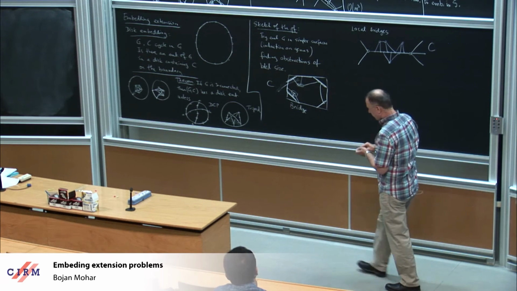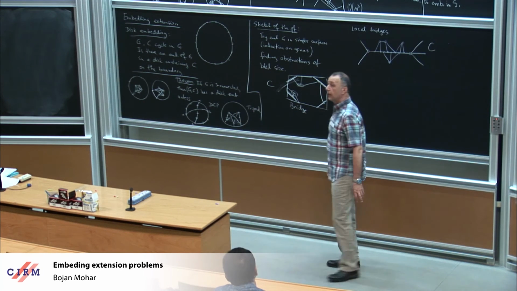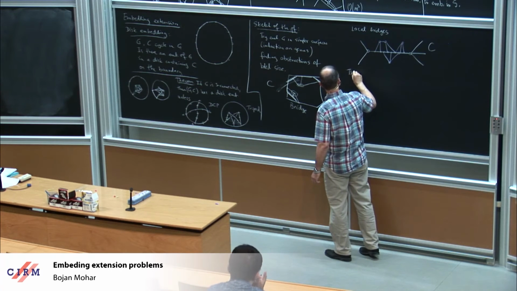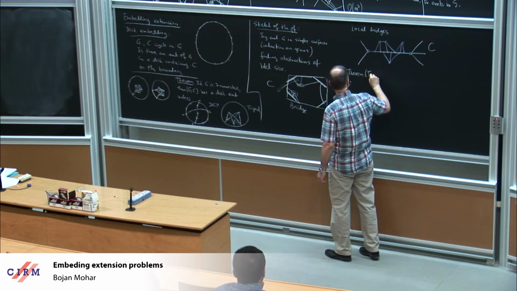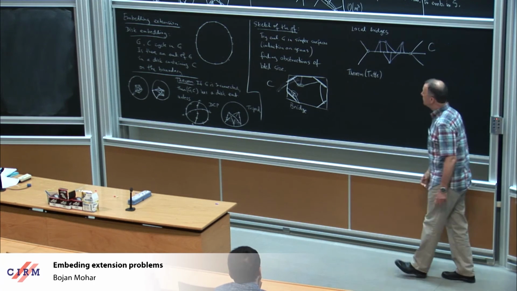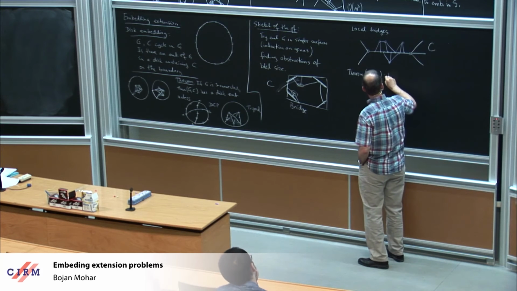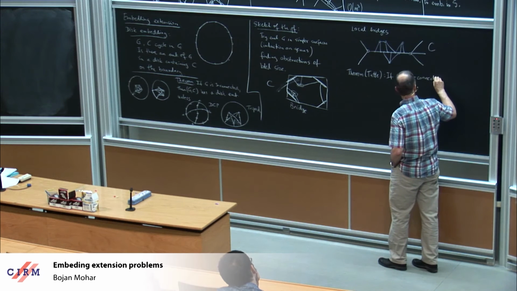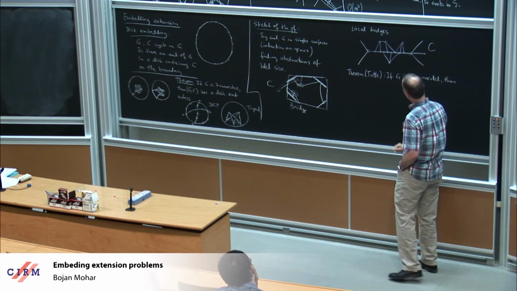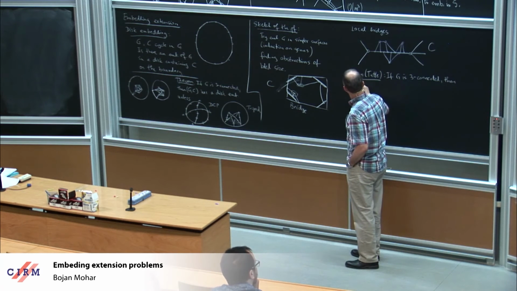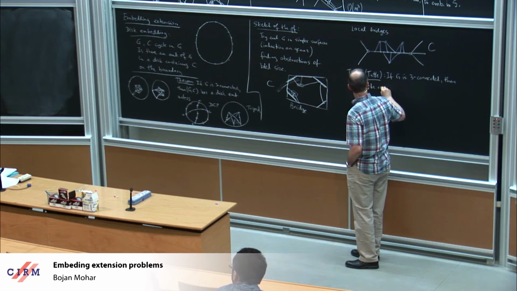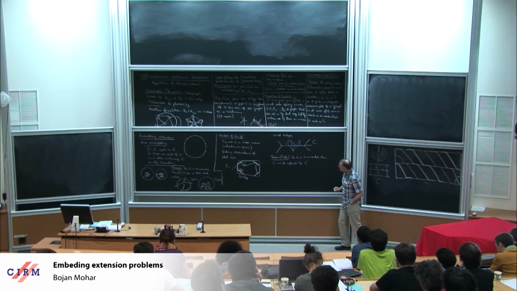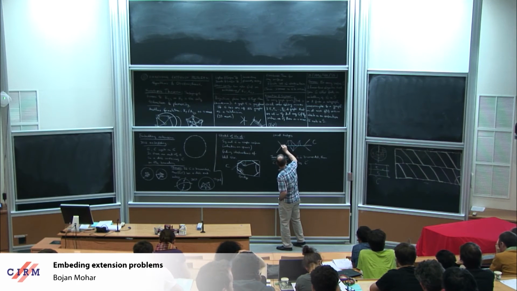But if your graph is 3-connected, then you can always change your graph C. So here is a little theorem that goes back to Tutte. Tutte proved this in the 60s. If G is 3-connected, then C can be replaced by another subgraph C prime, which has the same main vertices.